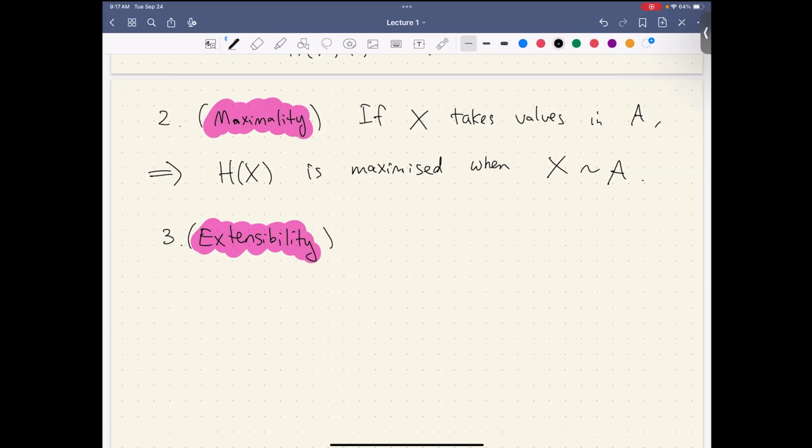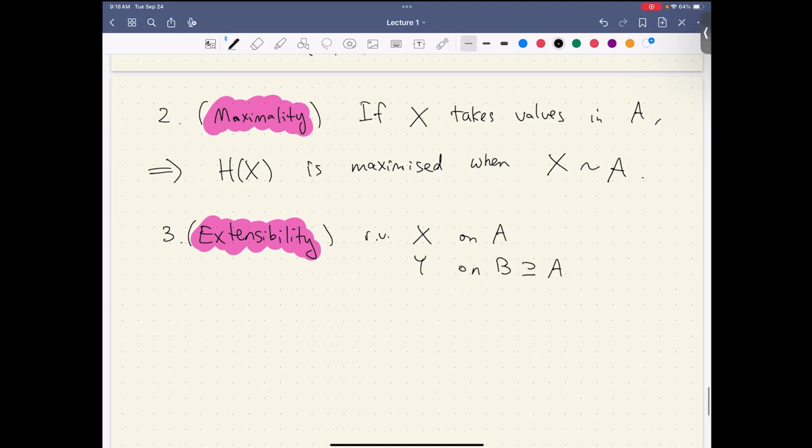It just means that if we have random variable x on A and y on B, where B is a superset of A, the larger set, and if the probability that x equals a equals the probability that y equals a for all a in A, what does this imply?